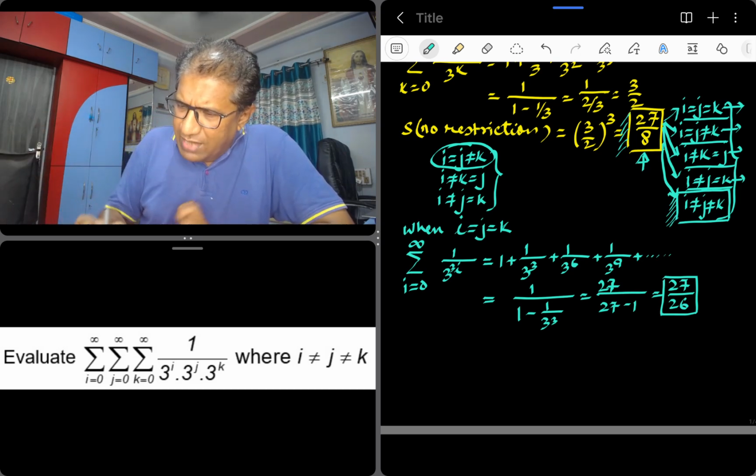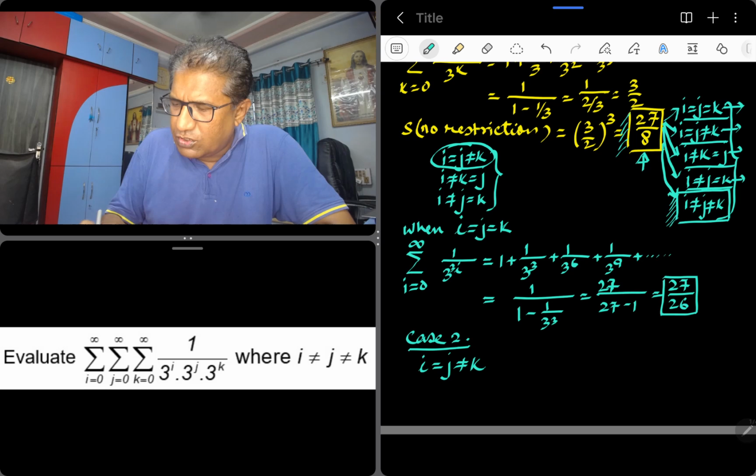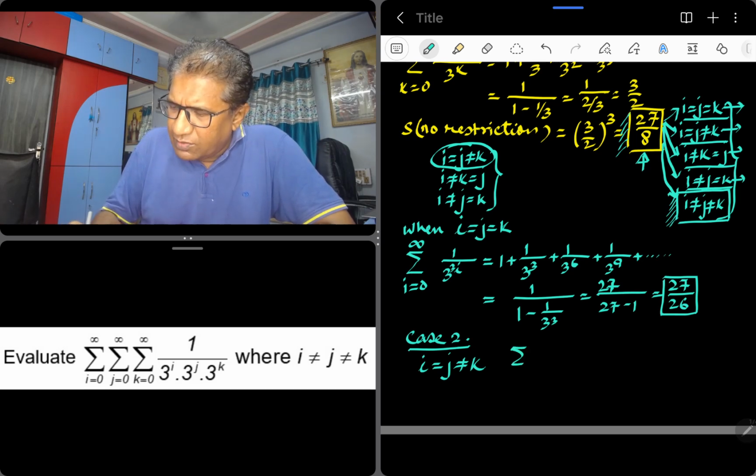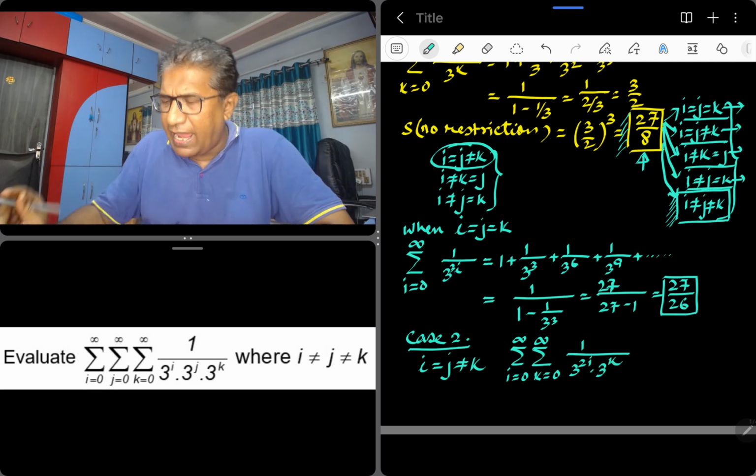Okay, so now let us consider case 2, which is our I is equals to J is not equals to K. So the given sigma will become sigma sigma. I starts from 0 to infinity. K also starts from 0 to infinity. 1 by 3 to the power 2i into 3 to the power k.